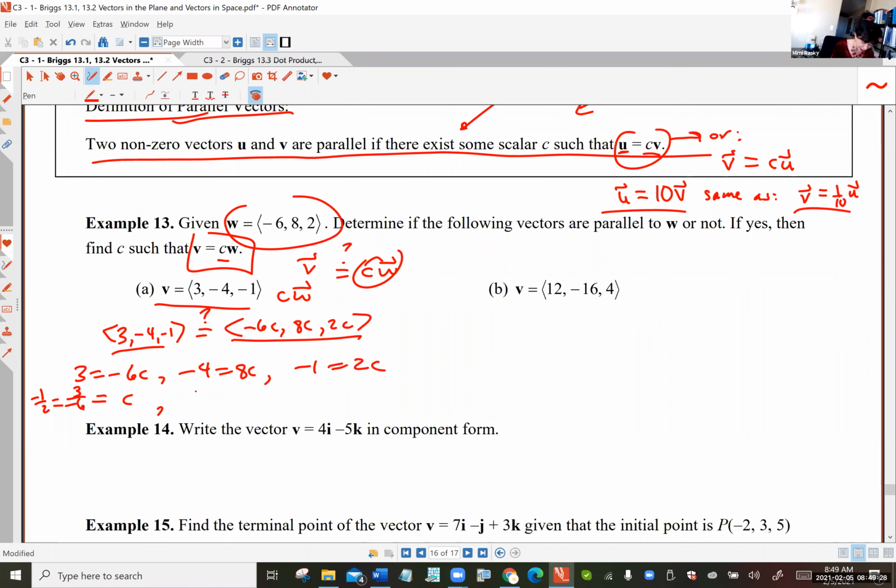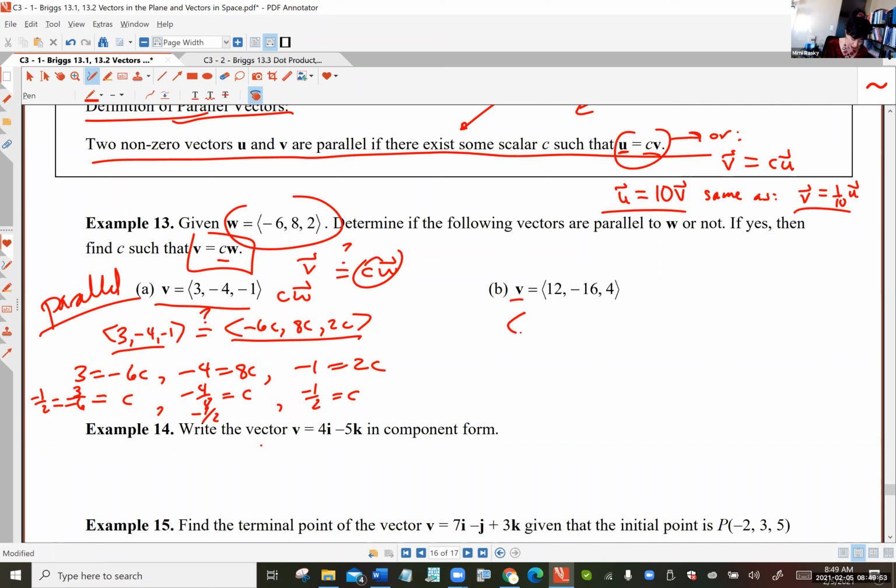The second time, C is equal to -4 over 8, which also reduces to -1/2. So far, so good. And the last time we solve for C, we also get -1/2. Success. So the answer for letter A is yes, V is parallel to W. Now, what about this other V in part B?